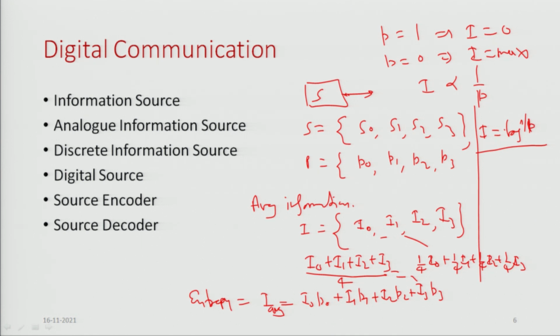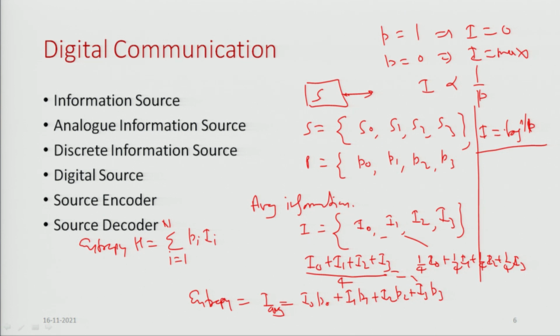Then the entropy of the source we can write as H equals summation, i equals 1 to n, Pi Ii.